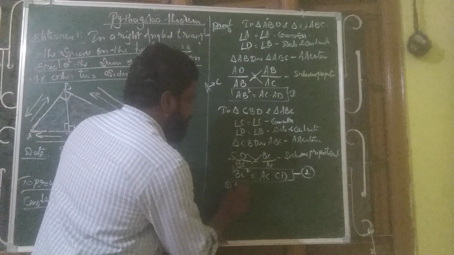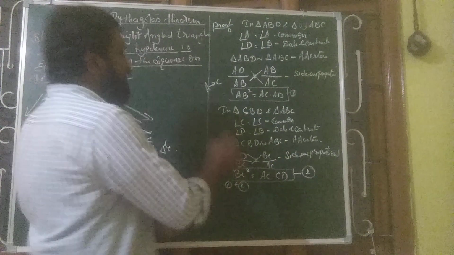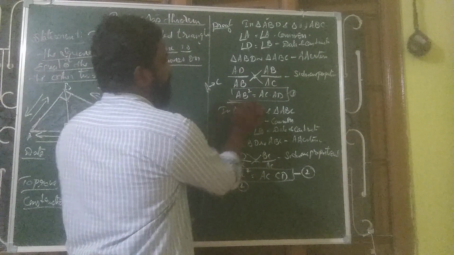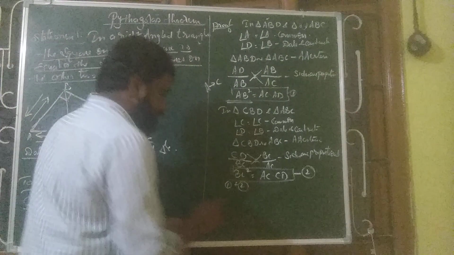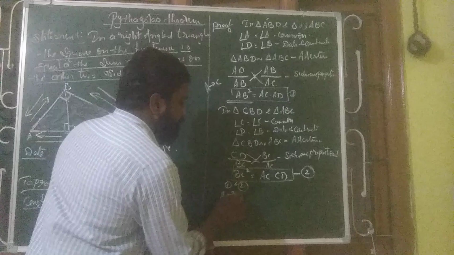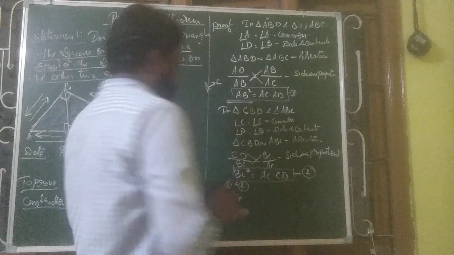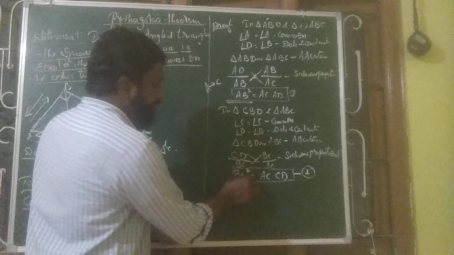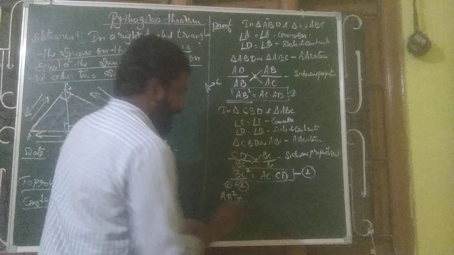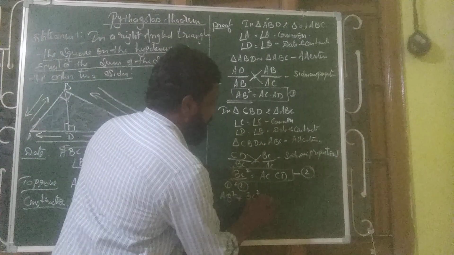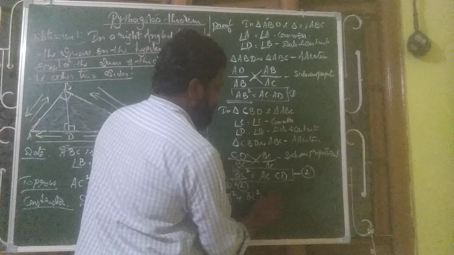Equation 1 plus 2 will be. What is there on the left side of equation 1? AB square. Write down AB square first on the left side only. Plus, what is here in the second equation on the left side? BC square is equal to. What is on the right-hand side?